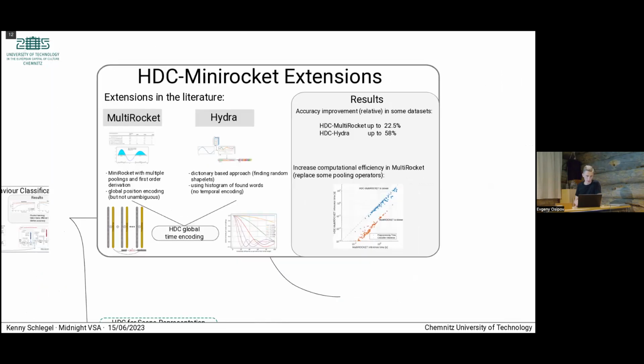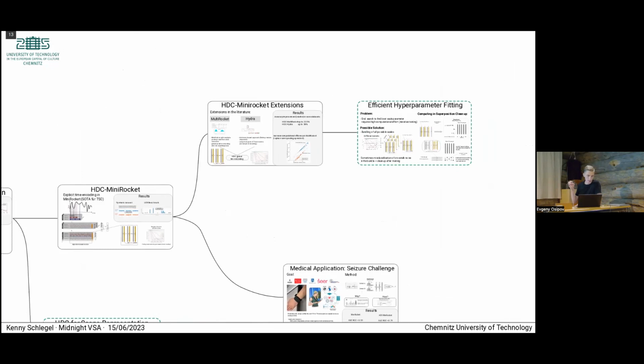I said that finding the correct hyperparameter for the created similarity of the timestamp is done by grid search. This requires a really high computational effort because you have to go iteratively through all combinations.